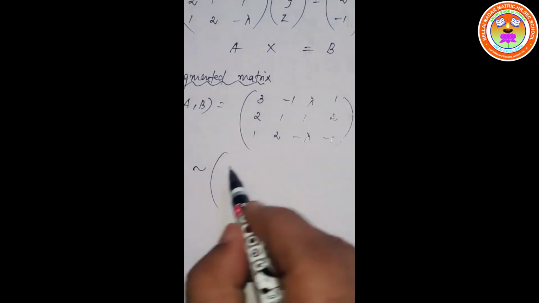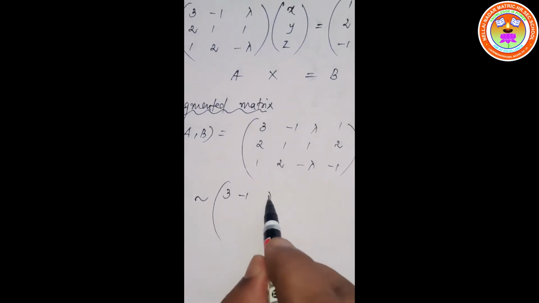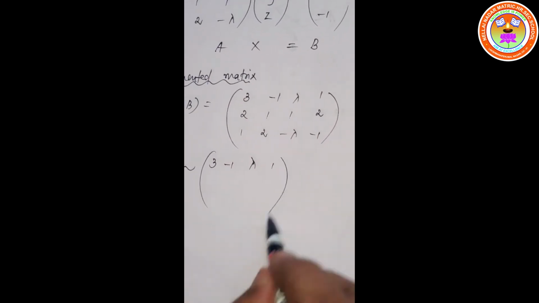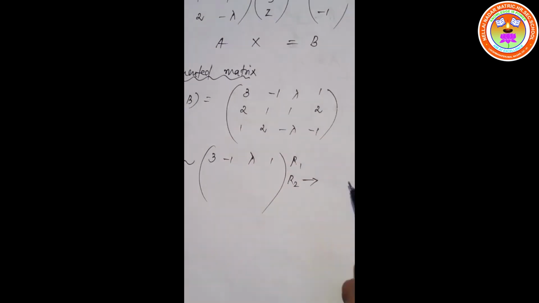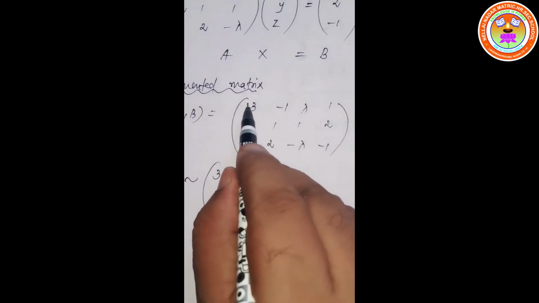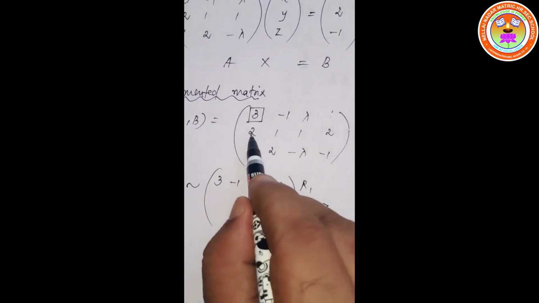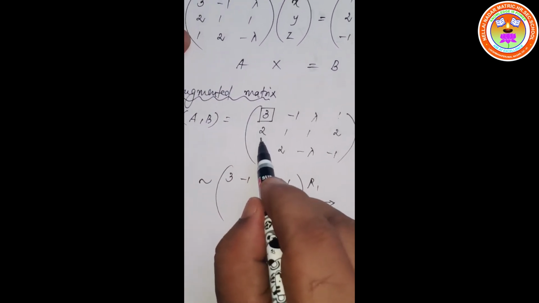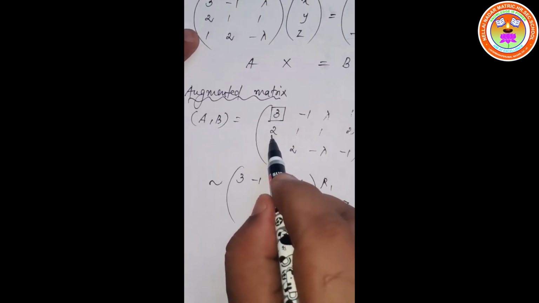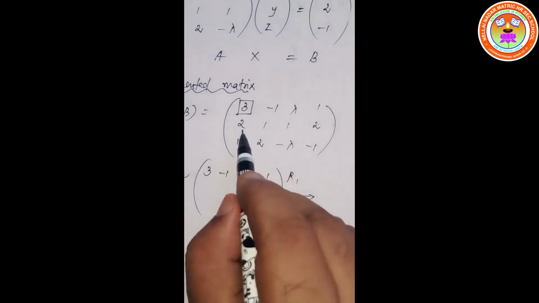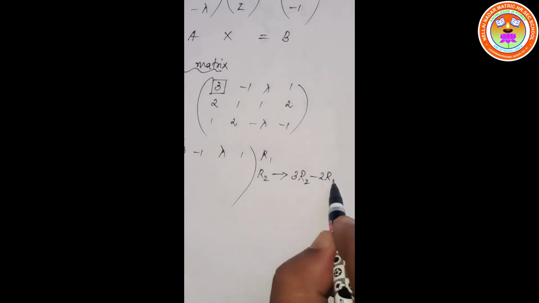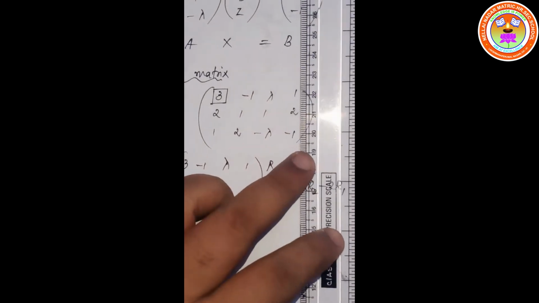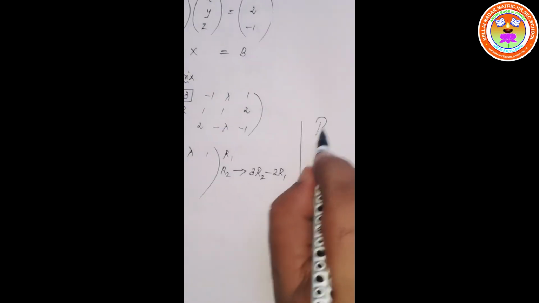Write the first row as it is: 3, minus 1, lambda and 1. R1 no change. R2 implies, this is the first non-zero element in the first row, under which we have two numbers, both the numbers to be changed to 0. So I am multiplying 2 by 3 and 3 by 2. That is 3 R2 minus 2 R1, in rough work.